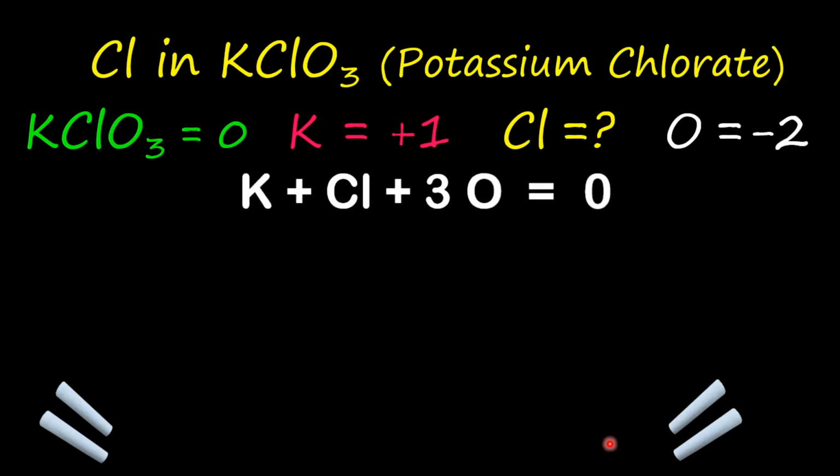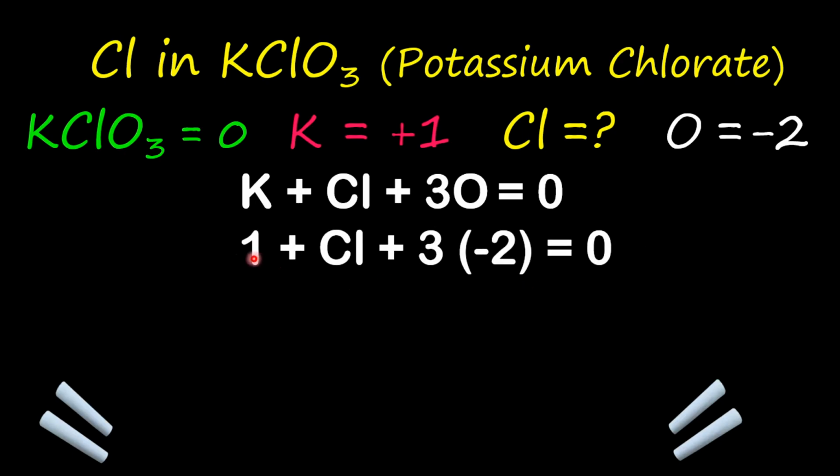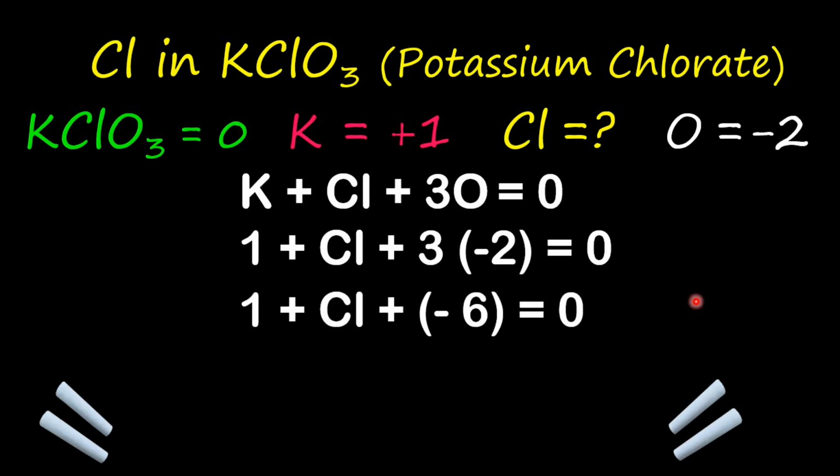Now, to lay this out, what we'll have is potassium plus chlorine plus 3 oxygen equal to 0. So here we could have 1 plus chlorine plus 3 times -2 for oxygen, and all of this is equal to 0. Now let's put this together, and so here we'll have now +1 plus chlorine plus -6 equal to 0.